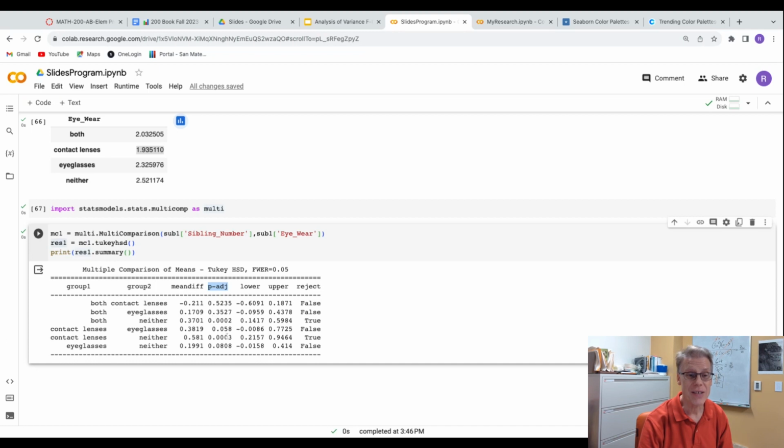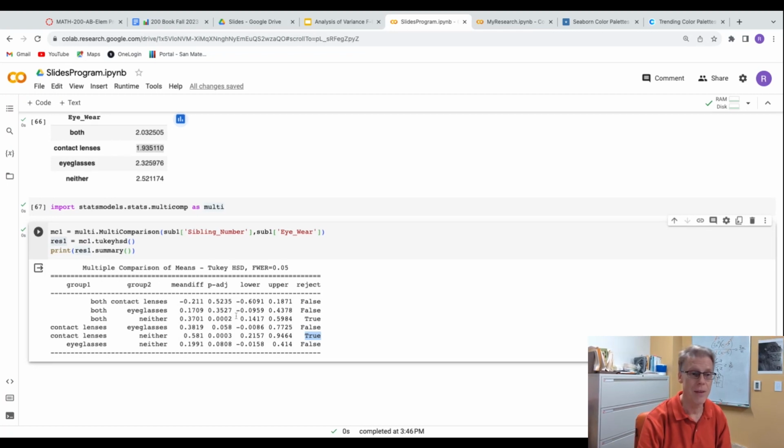But they've already adjusted these accordingly. And they already tell us whether it's significant or not. We don't have to judge whether it's smaller than the significance alpha that we need to use. So we just look over here whether we need to reject or not. And so it's these two categories that we're rejecting. These two pairwise categories that we're rejecting.